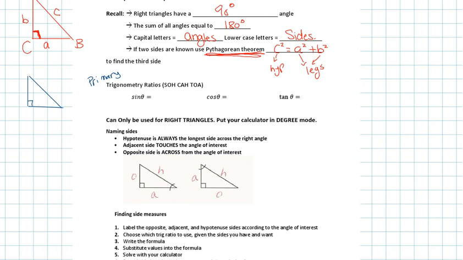What does SOHCAHTOA stand for? What's sine theta? What's the formula for it? Opposite over hypotenuse. Adjacent over hypotenuse. And opposite over adjacent. And where are you guys getting this from?